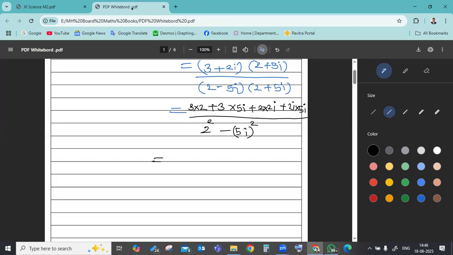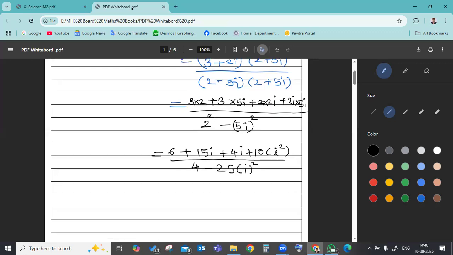This results in 3 into 2 is 6, plus 3 into 5i is 15i, plus 2 into 2i is 4i, plus 2i into 5i is 10 i square, and i square becomes minus 1. In the denominator, 2 square is 4 minus 5 square, 25, into i square.